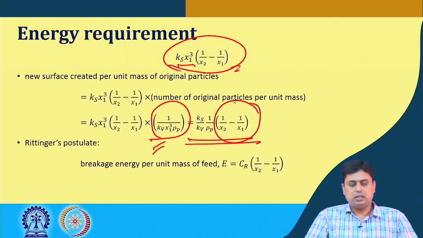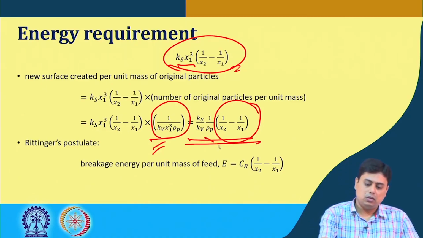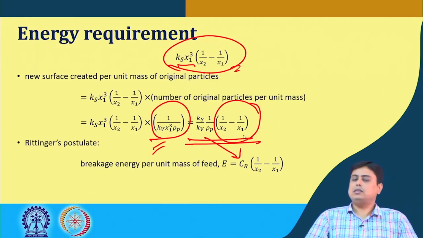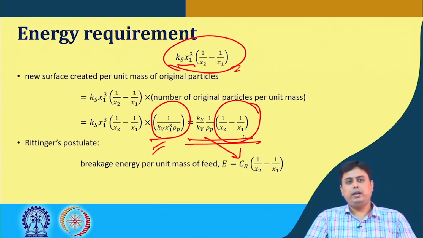So, as per Rittinger's postulate, the breakage energy per unit mass of feed E is equal to a constant term, because we have assumed Ks and Kv to be independent of the sizes.